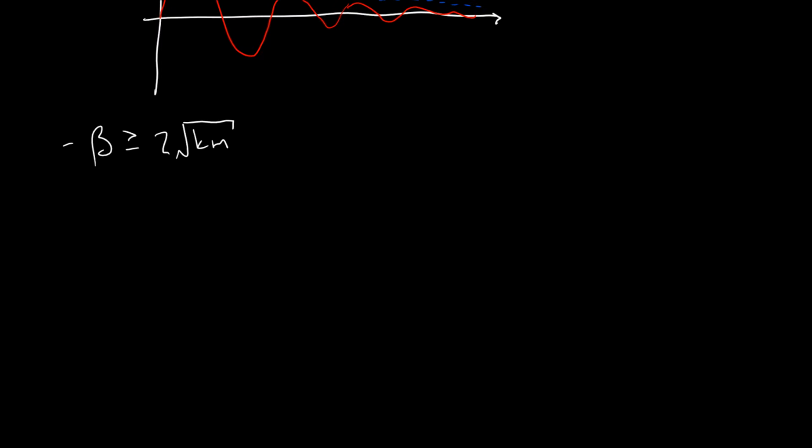So in this case, when I write down my solutions for omega, I still get the i gamma term, but this is plus or minus the square root of 4km minus beta squared over 2m. Now, this square root term is going to be negative or 0. If beta is greater than 2 square root of km, it's going to be negative. If it's equal, it's going to be 0.